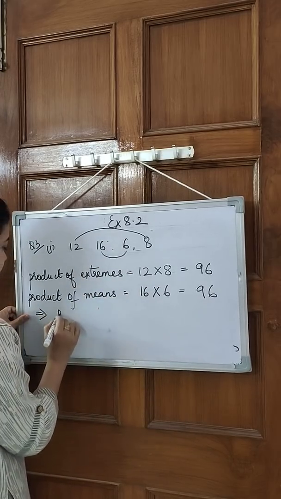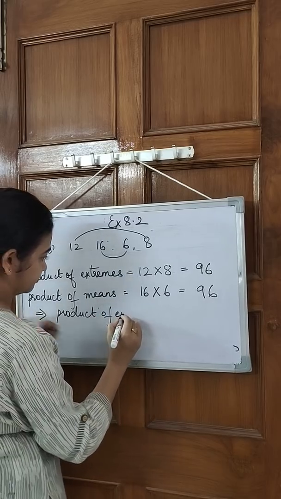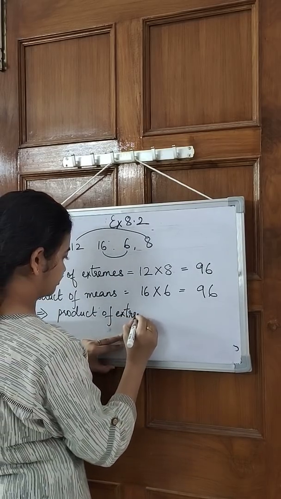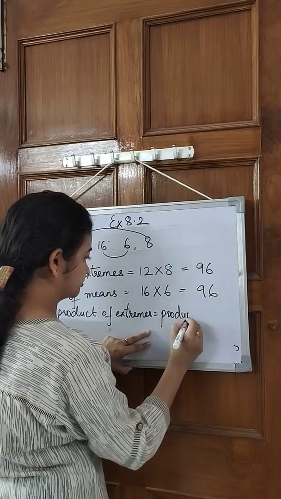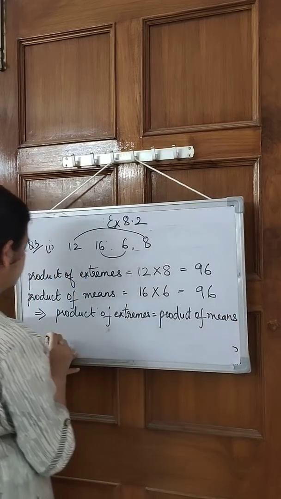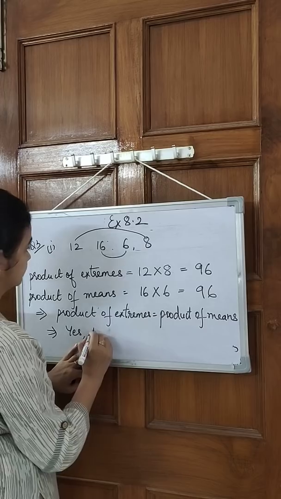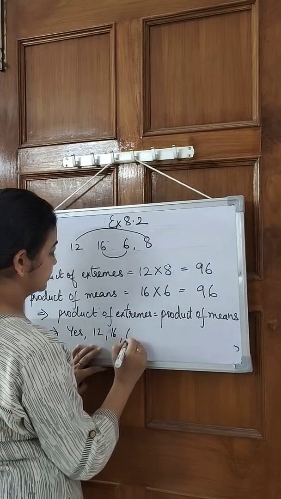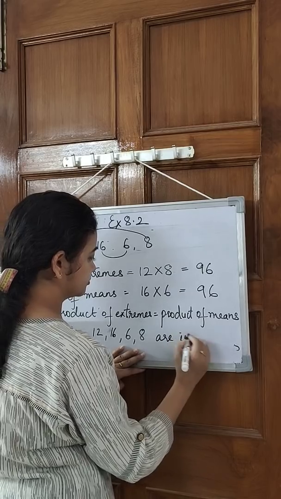This implies product of extremes is equal to product of means. And this means that yes, they are in proportion. Yes, 12, 16, 8 and 6 are in proportion.